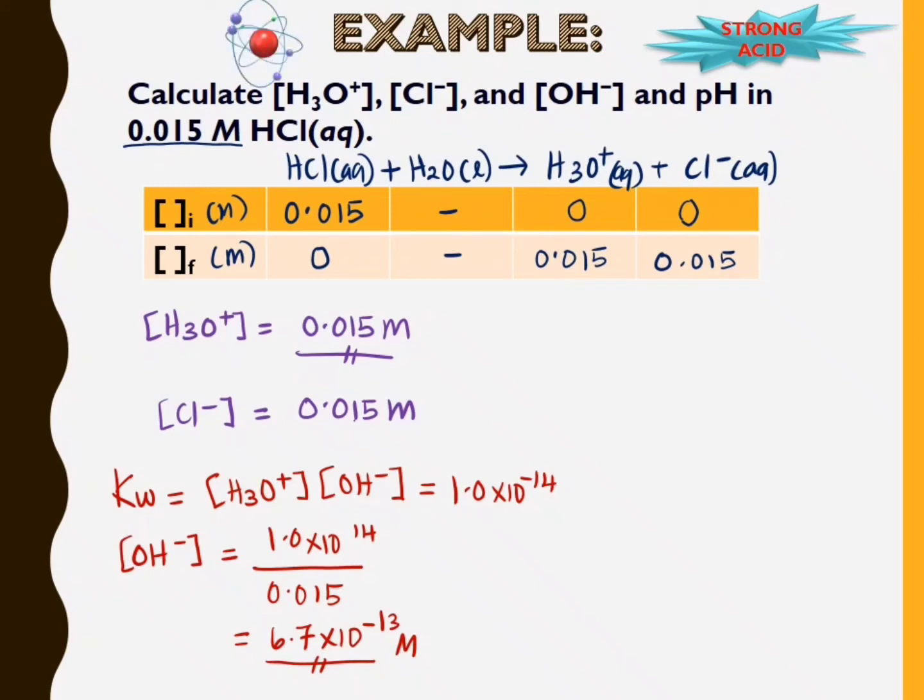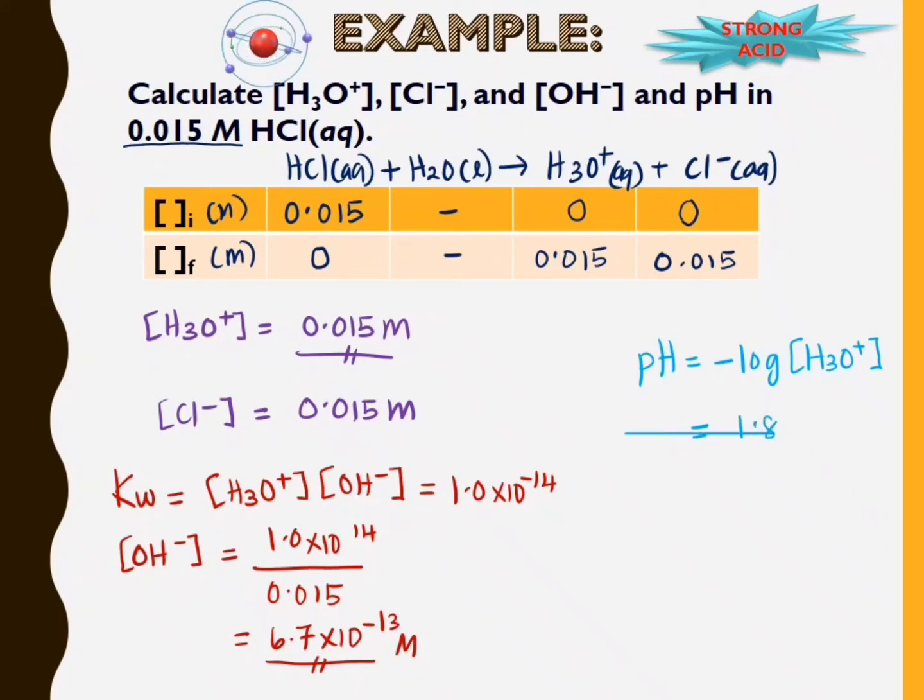How to calculate pH? Ada formula kan? Apa formula pH? pH equal to negative log concentration H3O+. So, we have the concentration of H3O+. So, directly substitute into the formula. So, you will get, press your calculator, negative log 0.015.